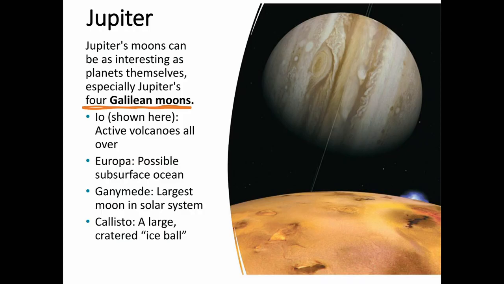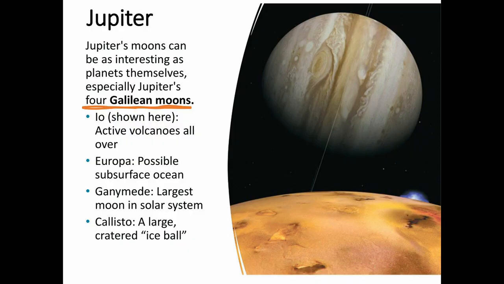So this is an artist's rendition, so you can kind of see the ring around Jupiter, and this is looking at the surface of the moon Io, with the planet Jupiter in the background. So the 4 Galilean moons were the moons that Galileo could see through his telescope and that he used to help disprove the geocentric model.